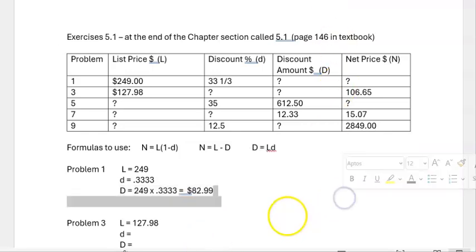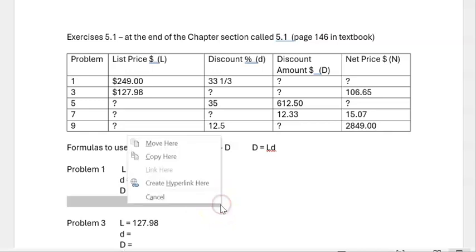We've got the 249, multiply that by 0.33333, which is $82.99, or $83 if you want to round up, depending on how many repeating threes you had.